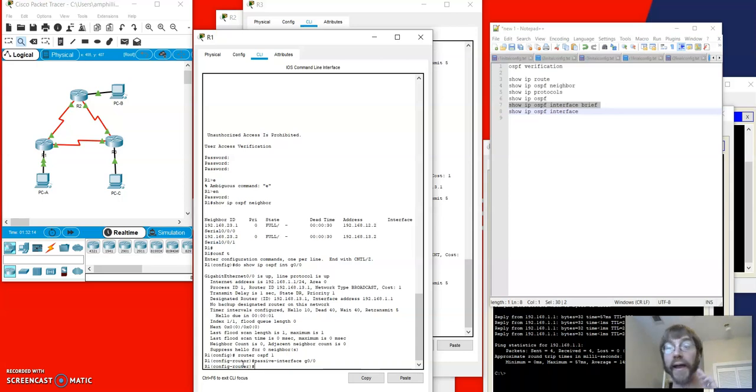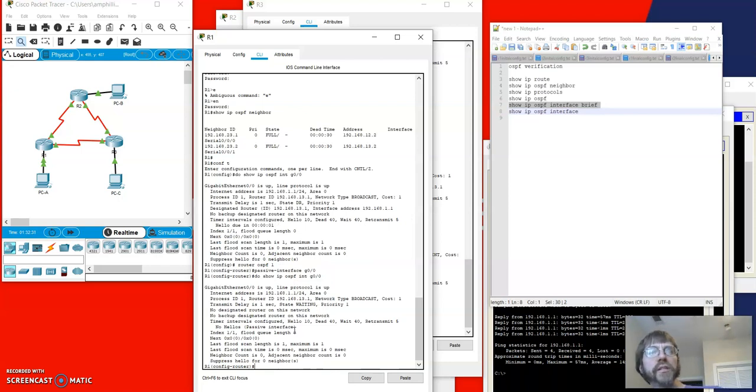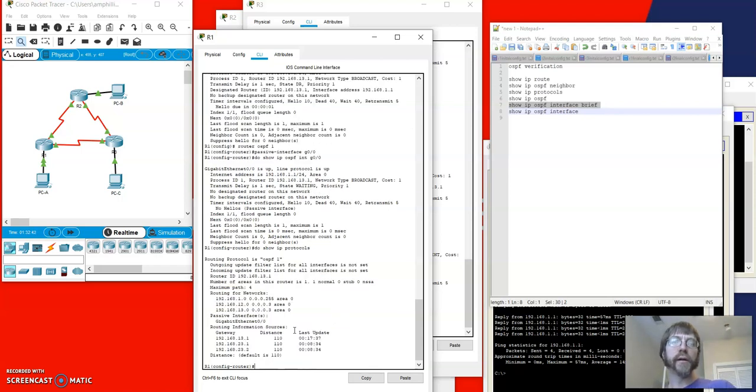It is still going to advertise gig 0/0 because that network statement is there. It's just not going to include it in its LSA broadcasts or anything like that. So now let's do interface again. So the state is now waiting because I set it passive. And if I do show IP protocols now, I will see that here as well.